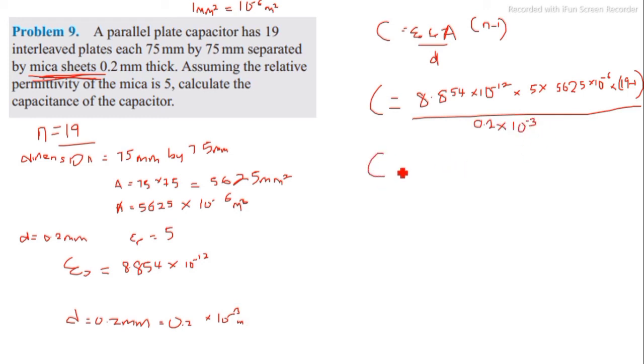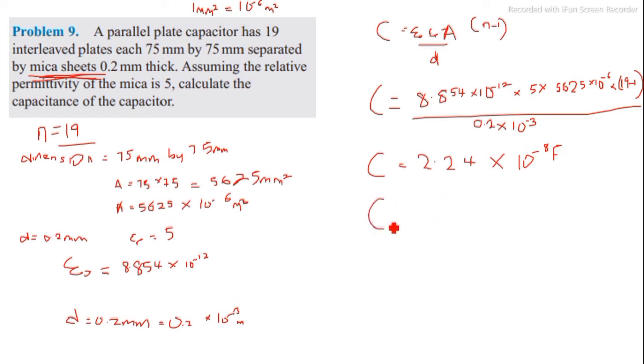So to calculate the capacitance, on your calculator you're going to have 2.24 times 10 to the minus 8 farad. You can leave your answer like this, or take it to microfarad or nanofarad.